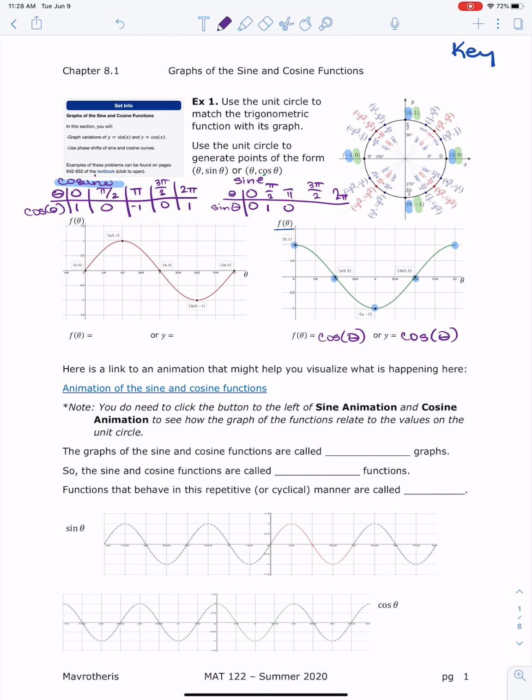At pi, the sine is 0. At 3 pi over 2, the sine is -1. And at 2 pi, the sine is back to 0. Here's my (0, 0), (pi over 2, 1), (pi, 0), (3 pi over 2, -1), and (2 pi, 0). So this graph on the left-hand side is the graph of sine theta.